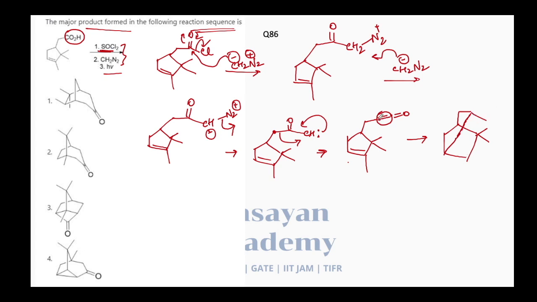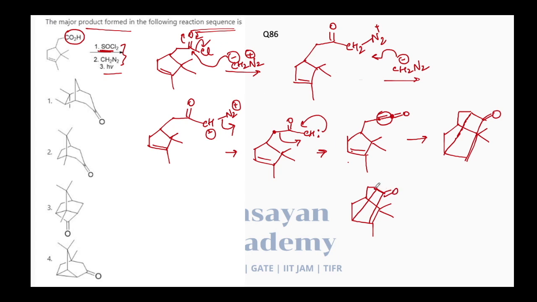Alright, these two carbons are going to connect to these two in this way, and there is a carbonyl. So I know that it's very difficult to understand from here, but if you just try to visualize the number of rings that it forms. See, it's going to form a ring over here and one more ring over here, which is going to be a three-member ring. Looks like a three-member ring actually.